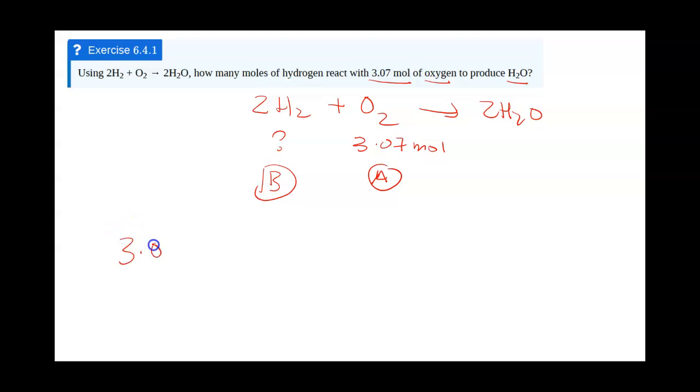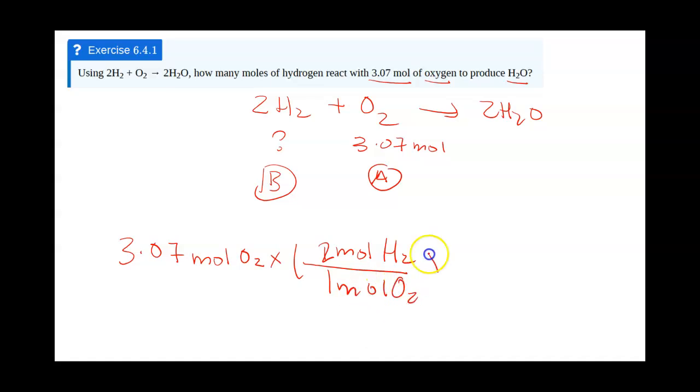And it's relatively straightforward. We've got 3.07 moles of O2, and according to our balanced equation, we need, not 4, that would be wrong, we need 2 moles of H2 for every 1 mole of O2, because we have a 2 there, and while it's not written in, there's a 1 there.